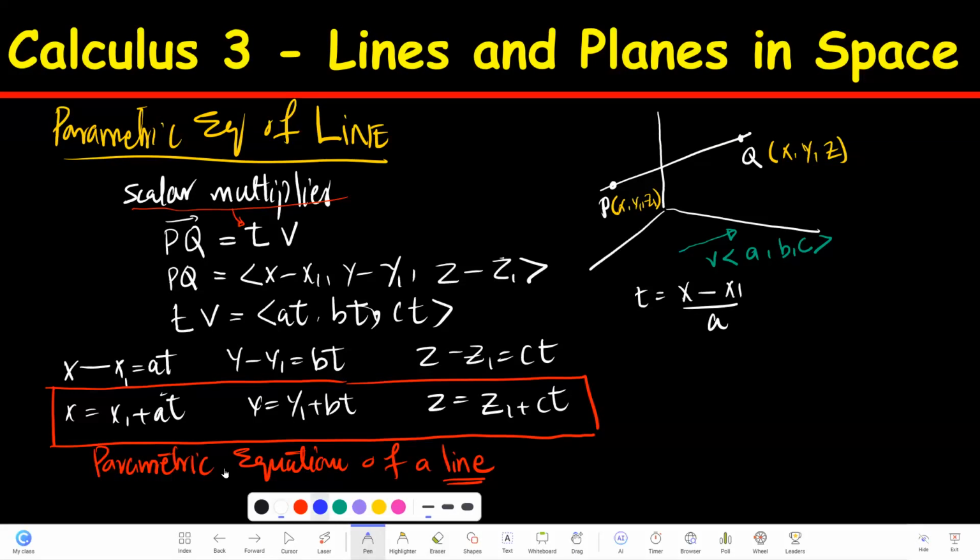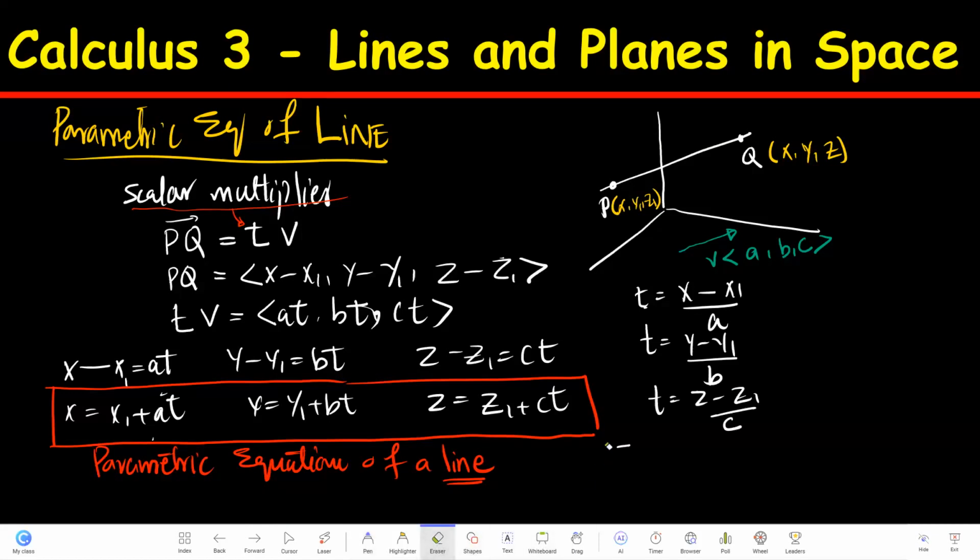Guys, this is three equations. Number one, number two, number three. The other equation I'm going to say is t equals y minus y1 over b. And t equals z minus z1 over c. Can I write like this? I can equate them, so I should be able to write like this.